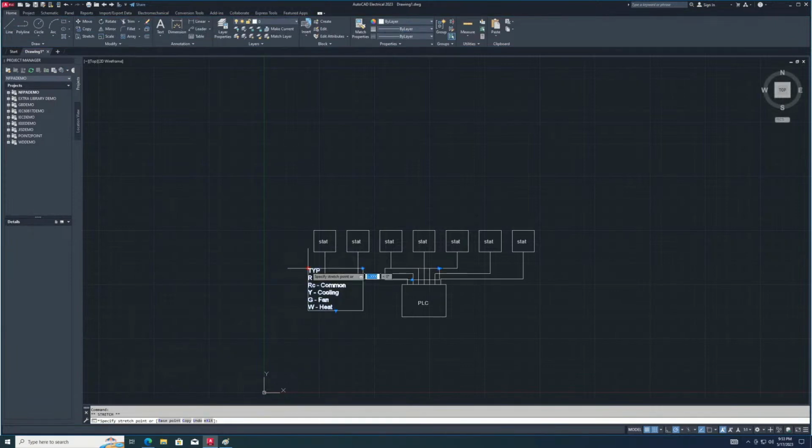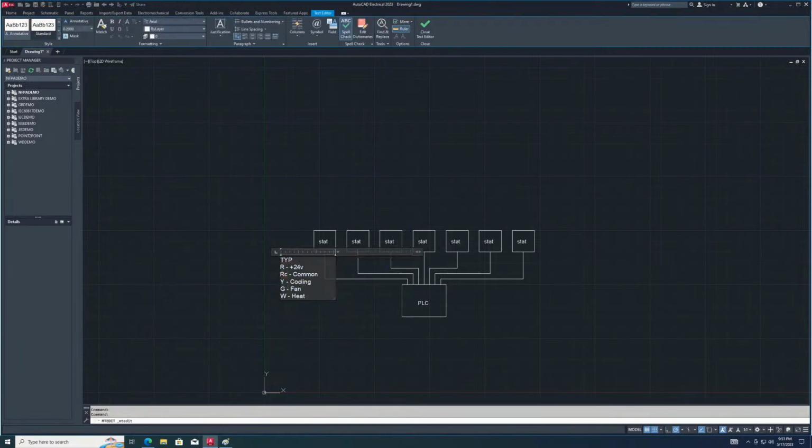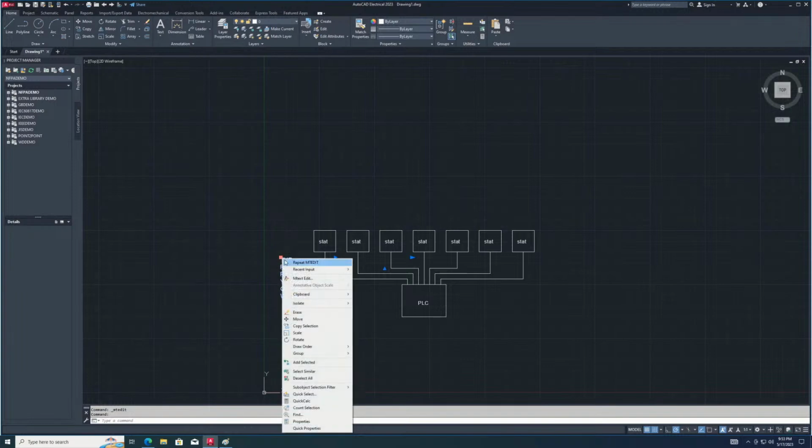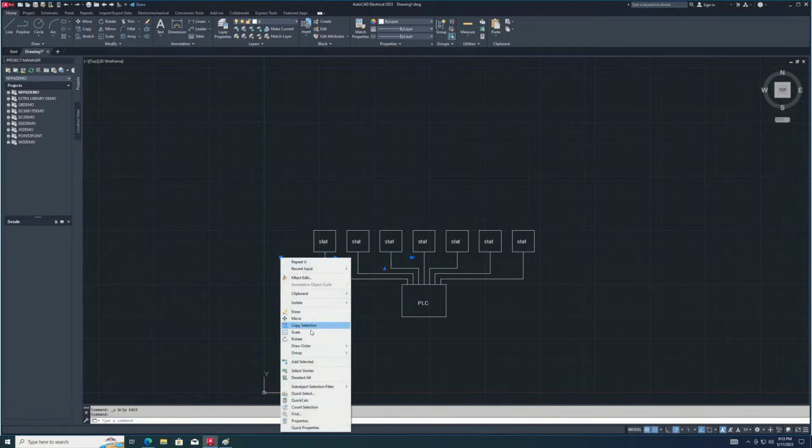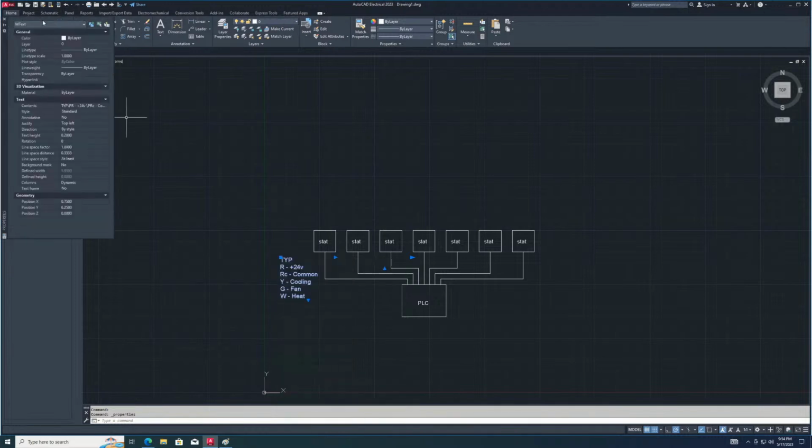But yeah, we will just select this and whack it here. Can I frame this? Give me a second. What are these for? Oh, there we go. Properties.